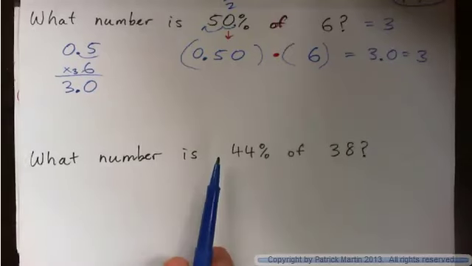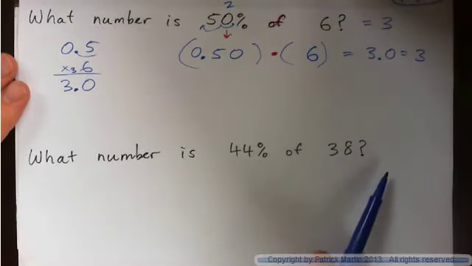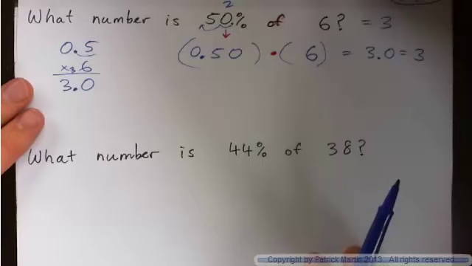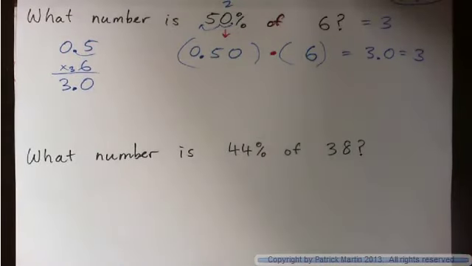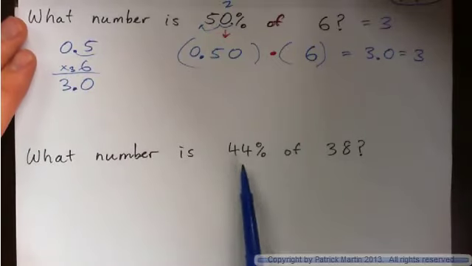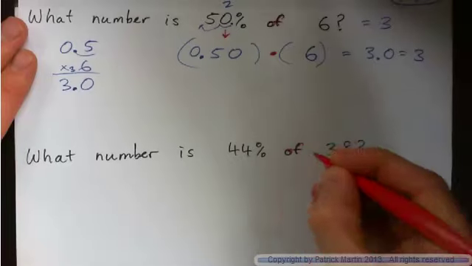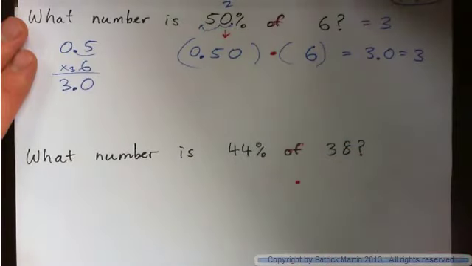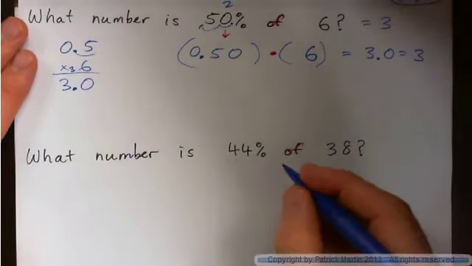So what number is 44% of 38? The first thing you've got to do is breathe for a second and think, what am I trying to do? I'm trying to get 44% of 38. I know that of means multiply. 44% can be turned into a decimal.